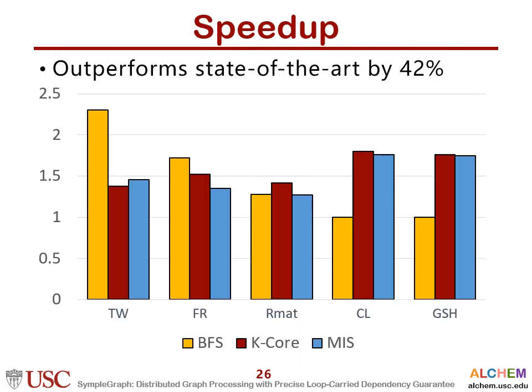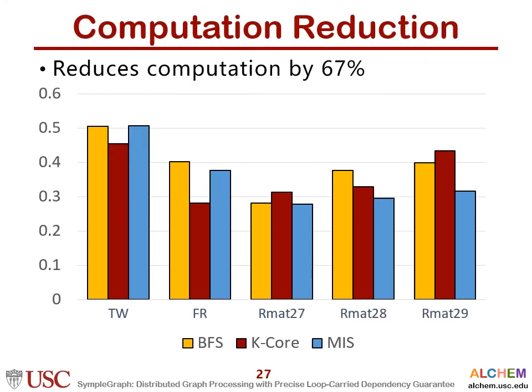First, we can see that our system SympleGraph outperforms the state of the art by 42% on almost all graphs. We can explain that the source of the speedup is the computation and communication reduction. SympleGraph traverses fewer edges in the graph than previous work.